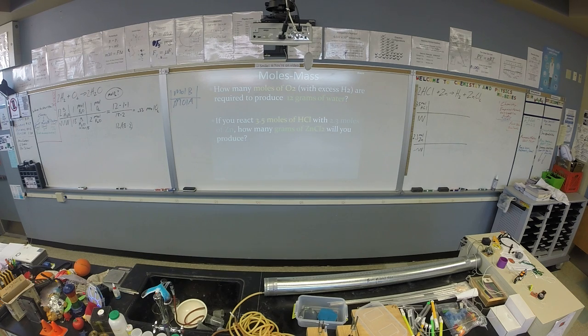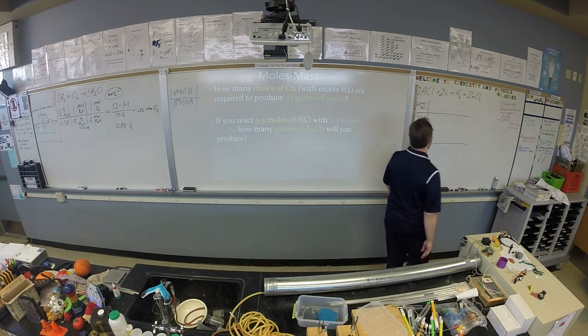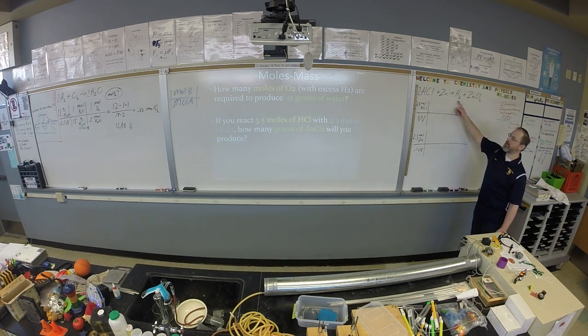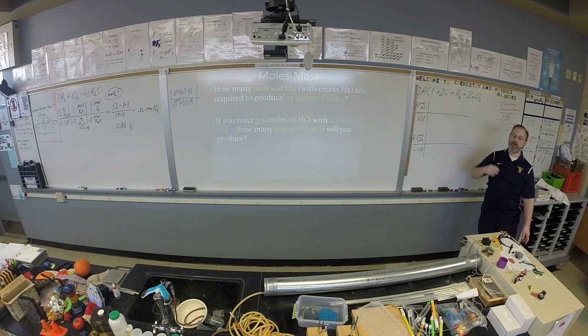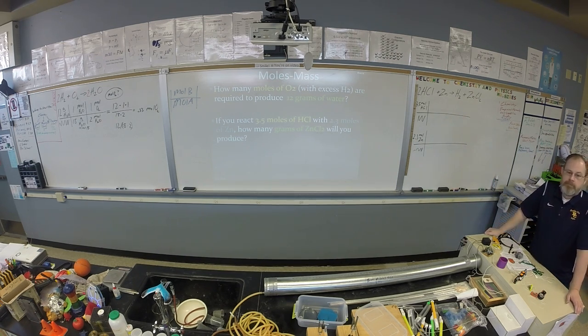You've got to get the HCl to moles and do a mole ratio. Don't worry about it, because hydrogen is going to be a product that we don't care about. We're only looking at the product of zinc chloride. So, would you put 2 moles in the mole to mole ratios?